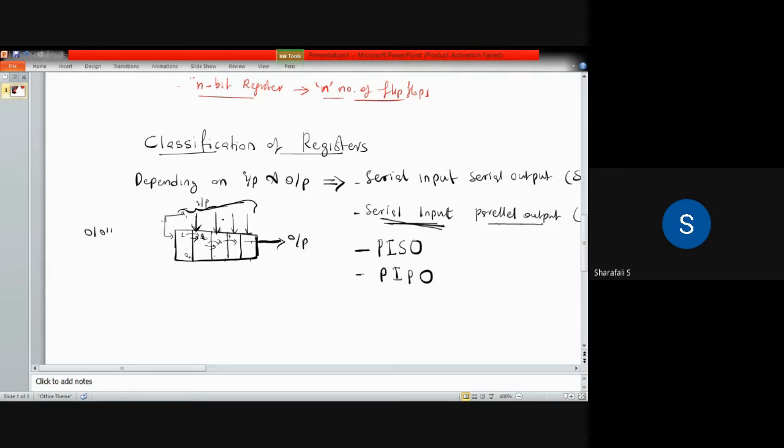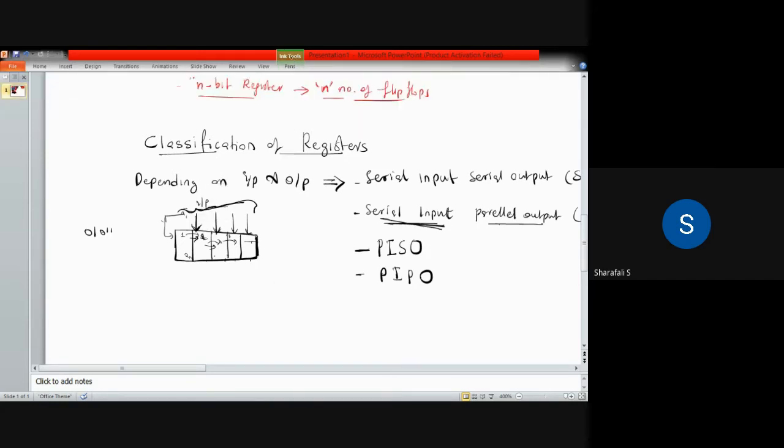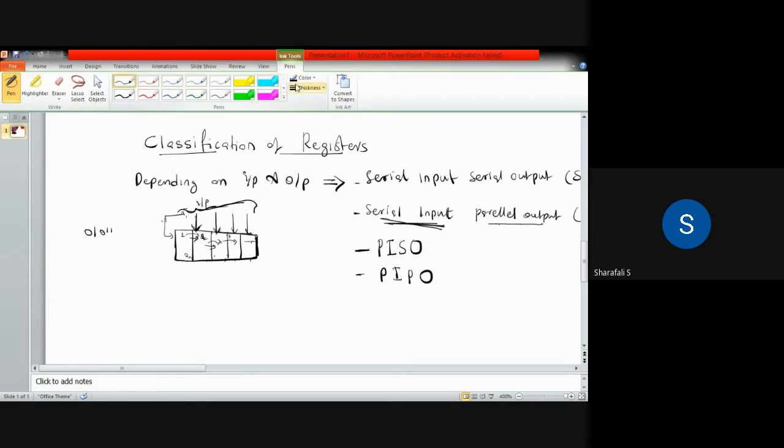If you provide all inputs in parallel, that means you are providing input to each and every flip-flop separately. You are not providing only on the first one and then going to the second, then the third, not like that. We are simultaneously giving these inputs to the individual flip-flops, so it is like a parallel connection. So it is a parallel input.